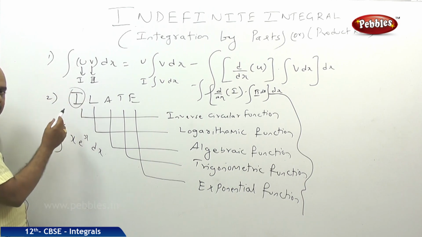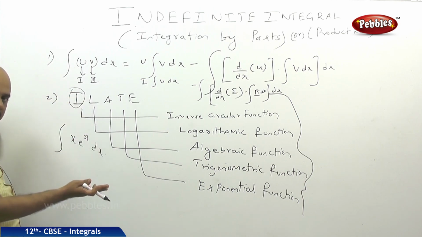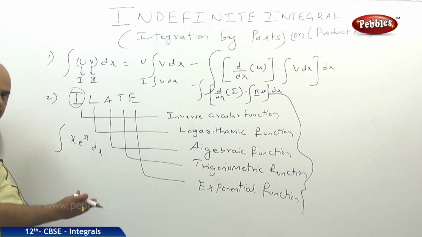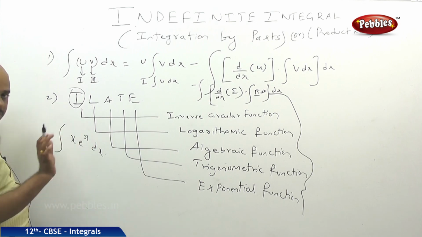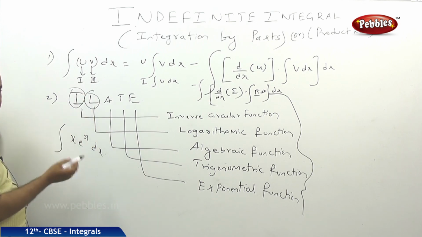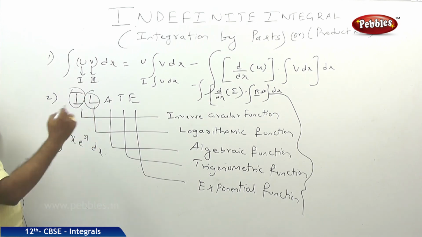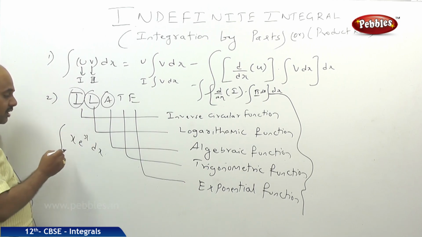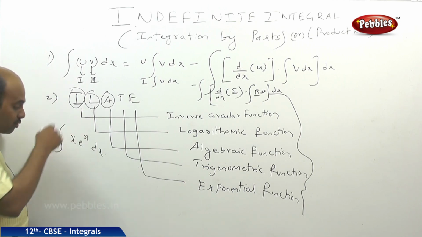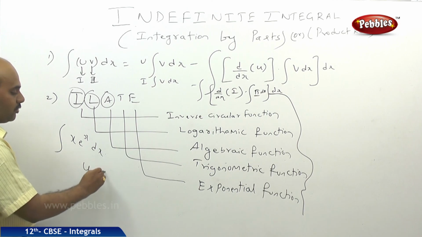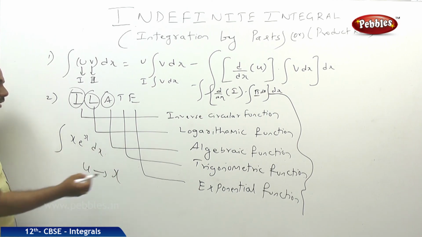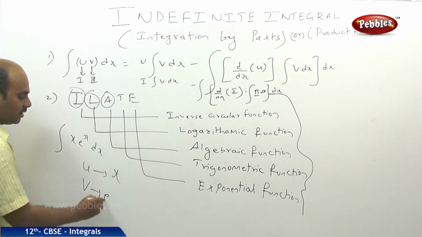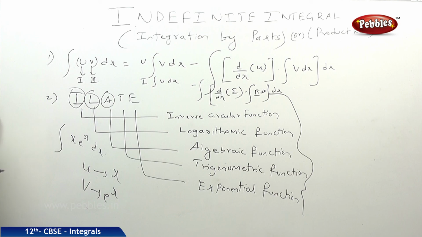We shall check ILATE. I for inverse circular, but inverse circular is not there. Inverse circular means inverse trigonometry, not there, so we should ignore. L refers to logarithmic. Logarithmic is also not there. But A for algebraic is there, yes. What is the algebraic function here? x. So that function we should treat as u, and the remaining function, e power x, we shall treat as v.